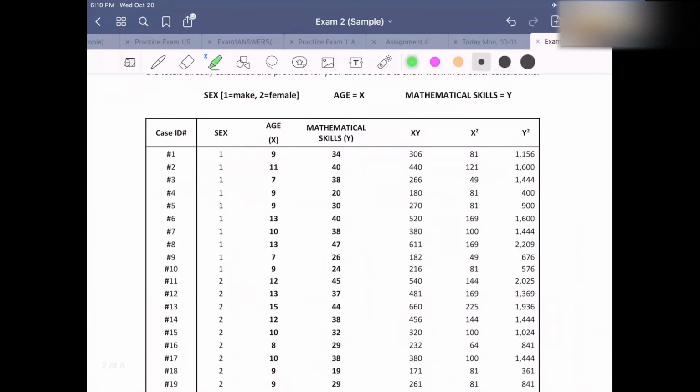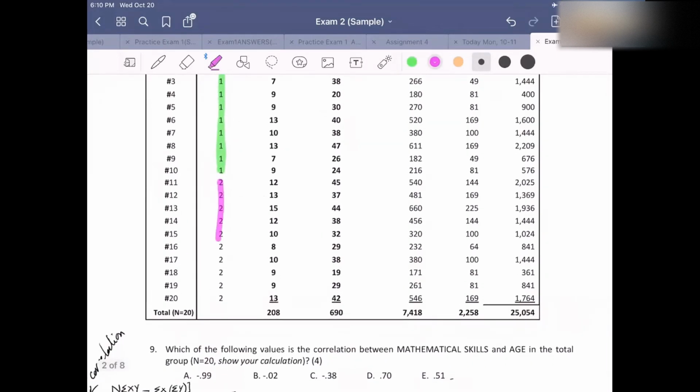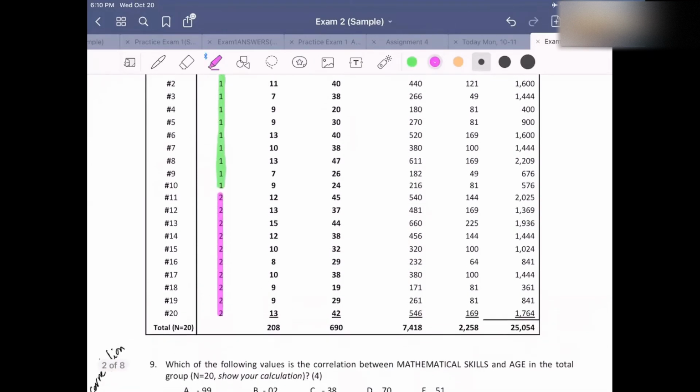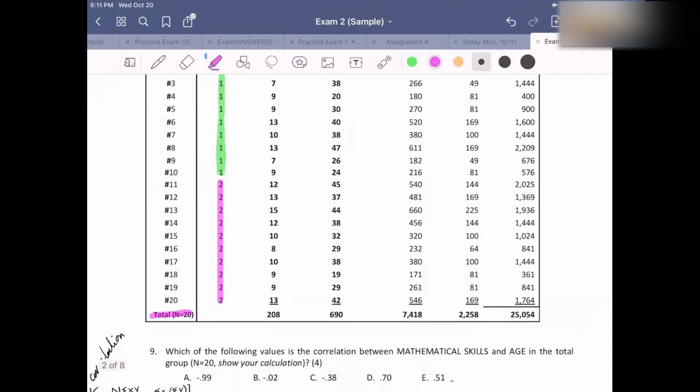So they gave you 10 males, right? The sex number 1 stands for males, and then 10 females. So we still have the same data set here. You can see that number 2 stands for females, right? So there is a total of 20 participants, okay?